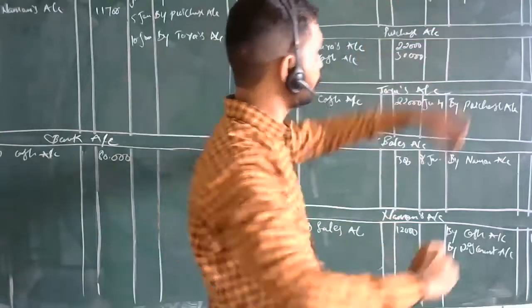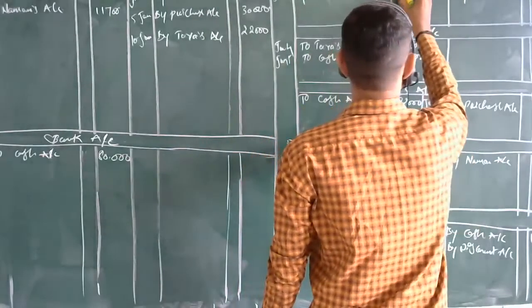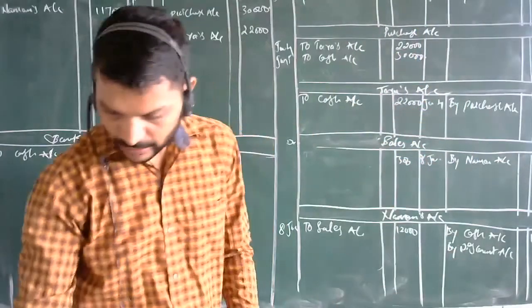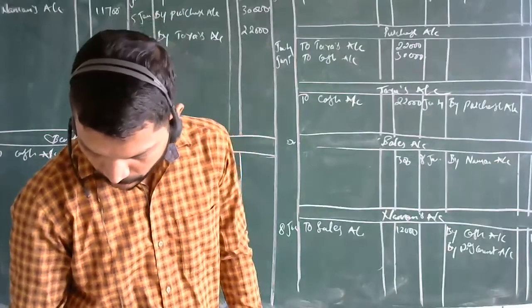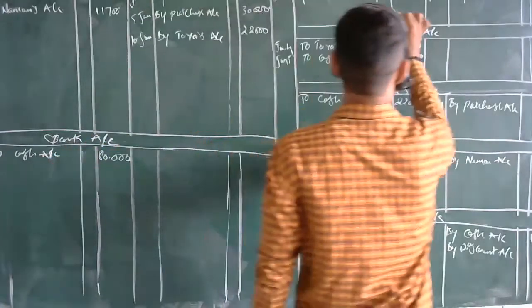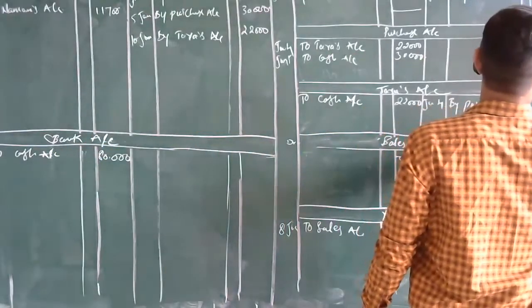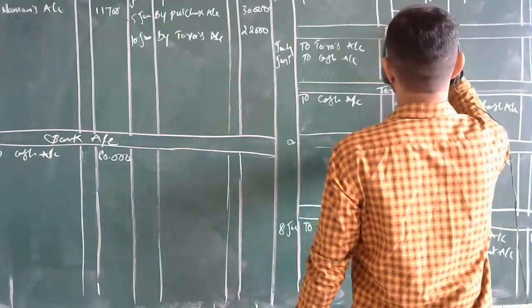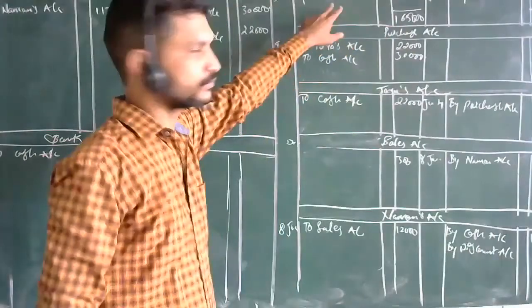What is the amount over here? 1,65,000. By balance carried down 1,65,000 over there. So you can make the closing entries over here, 1,65,000. This account gets over. Got the things?